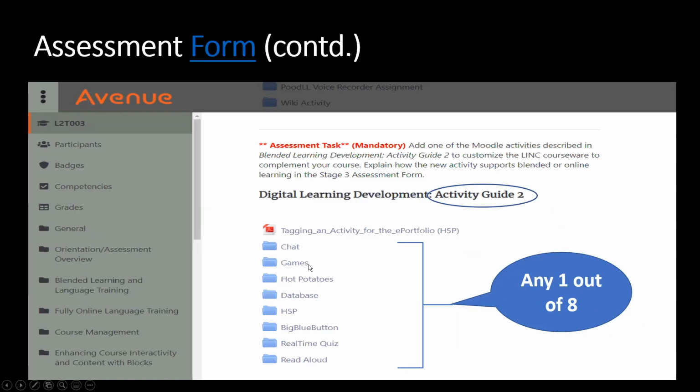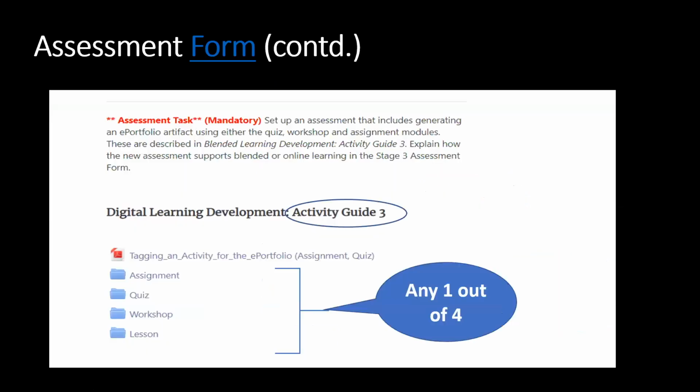And I'm sure you know that you just open the folder and all the instructions are within those folders. And for activity guide 3, here only 4, but any one out of these 4 you can create. So we have assignment, quiz, workshop, and lesson.